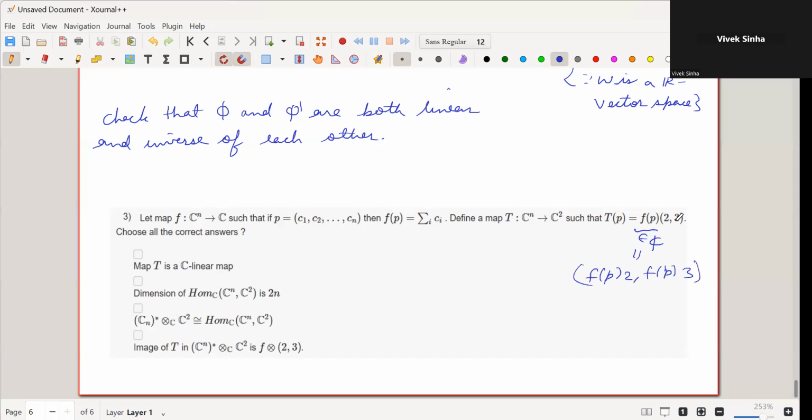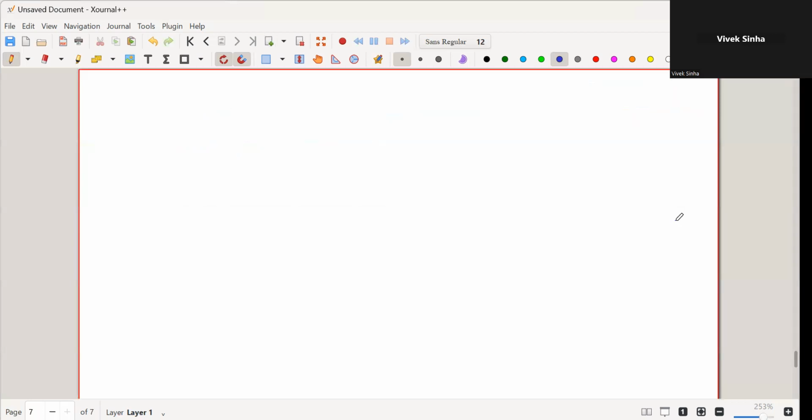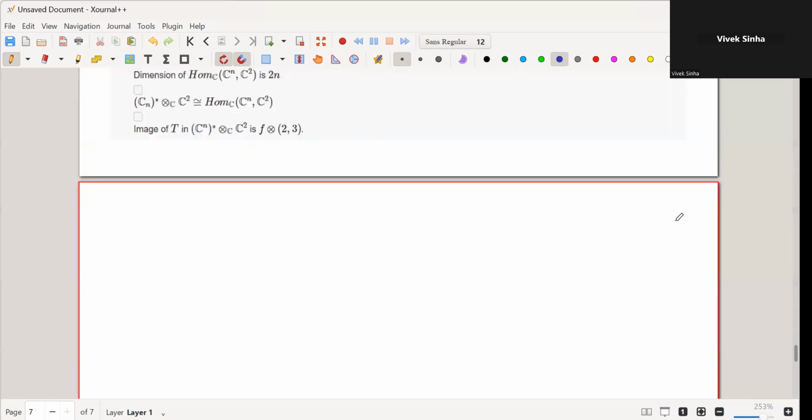It's just a two-tuple multiplied by a field element. Okay, so then you have to see that the map T is a C-linear map. So let's check its linearity.